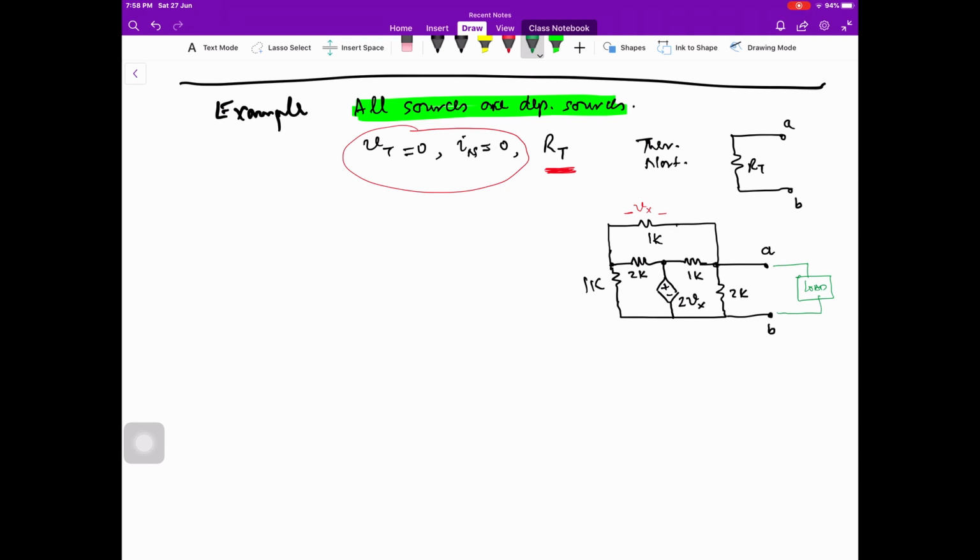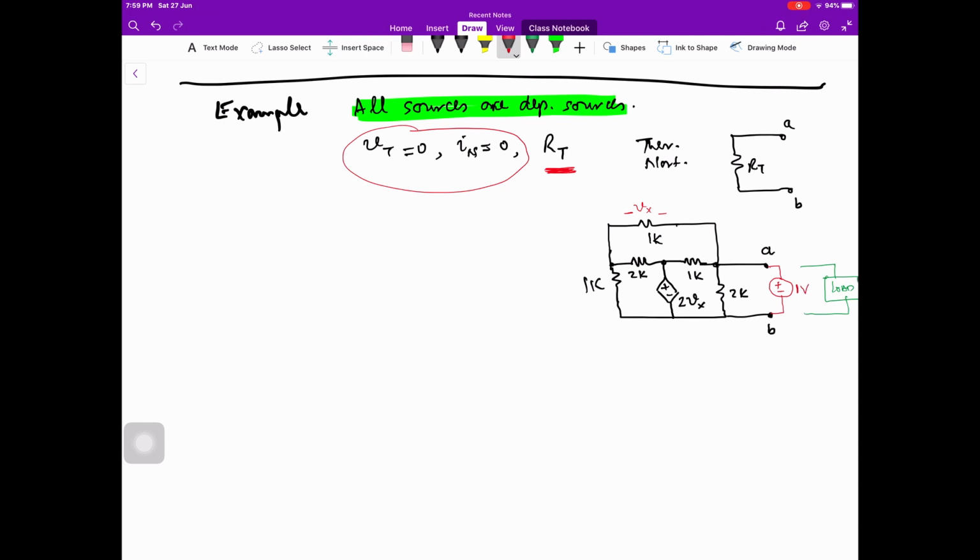What we do over here in order to find the Thevenin equivalent or Norton equivalent is that we apply a test voltage source over here. This is the test voltage source, an external voltage source, and for simple calculations we use a 1 volt source.